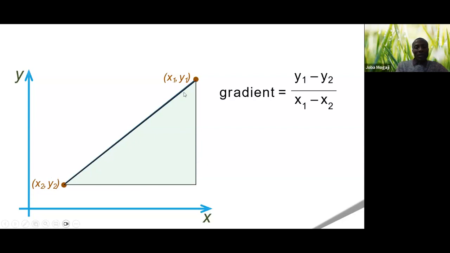And if I draw this line this way and I draw this line this way, it means I can determine the slope or the gradient of this particular line.